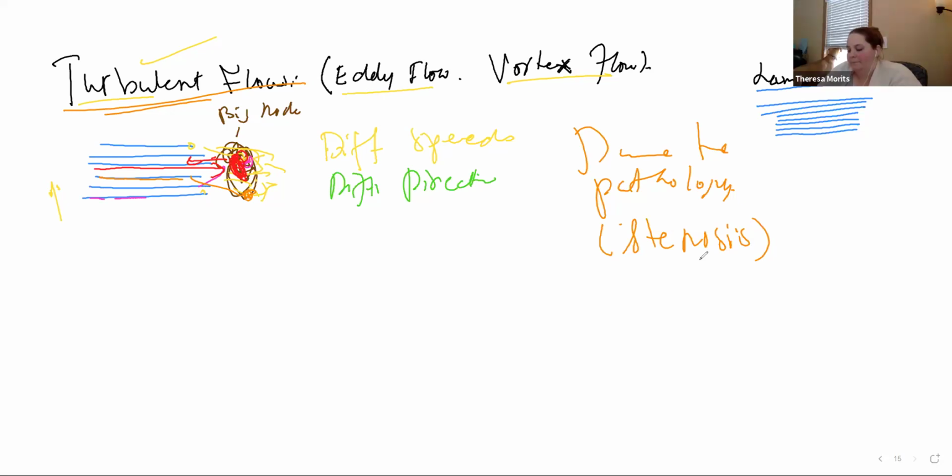Good. Now, just a couple of terms that they may use when explaining turbulence, or the occurrence of turbulence in this scenario.